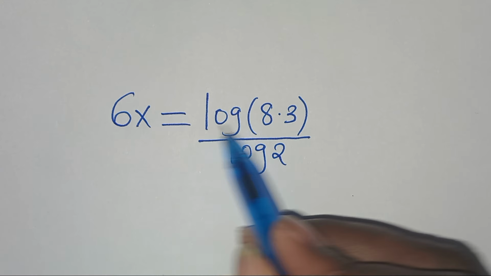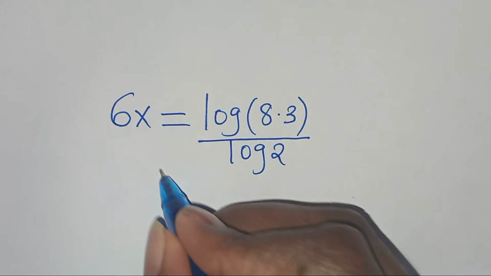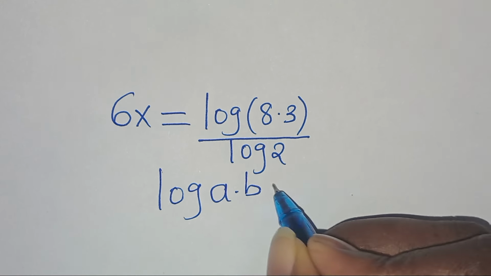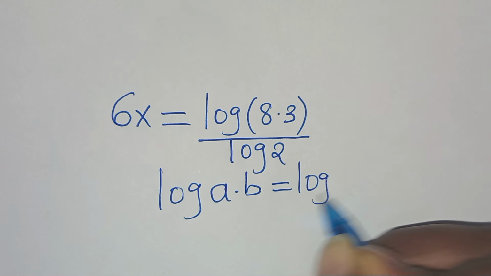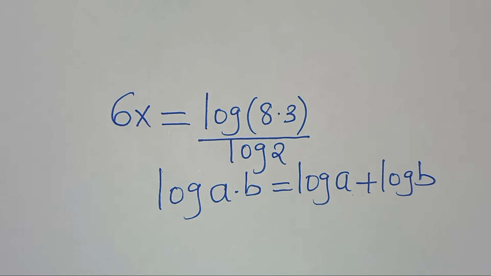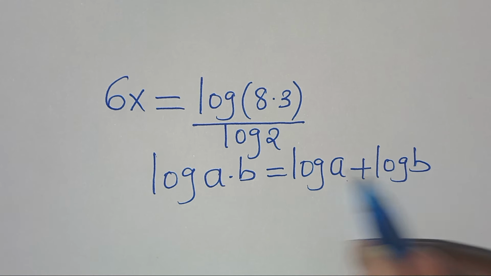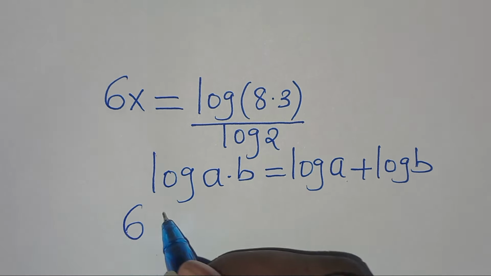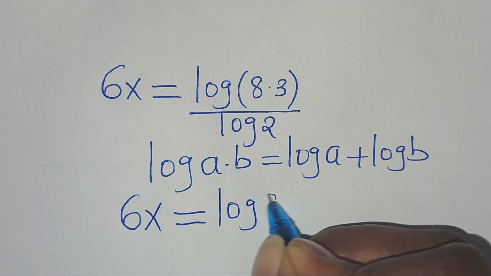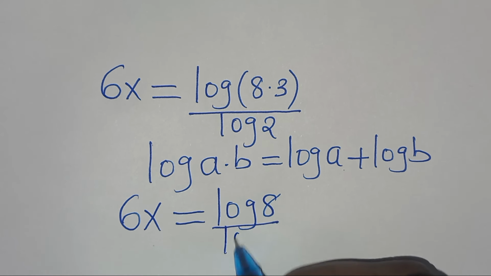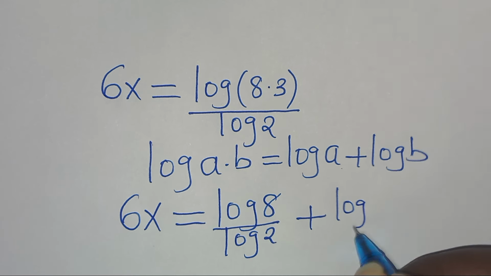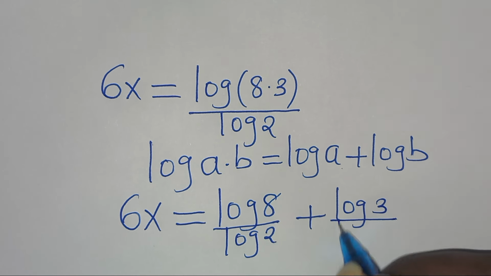Now we have that log 8 times 3. This is in the form of log a multiplied by b, which we can express as log a plus log b. Applying this logarithm property, then we have that 6x. This is equal to log 8 divided by log 2, then plus log 3 divided by log 2.